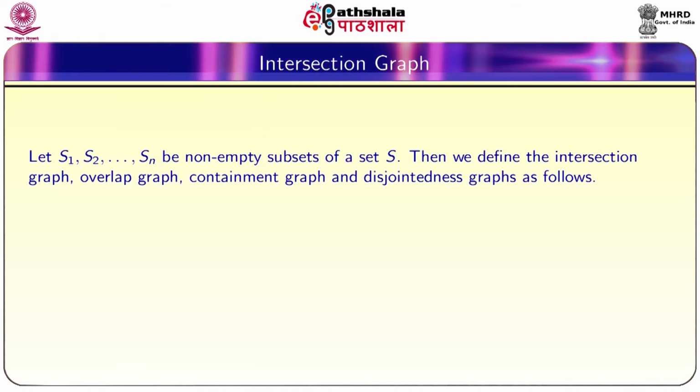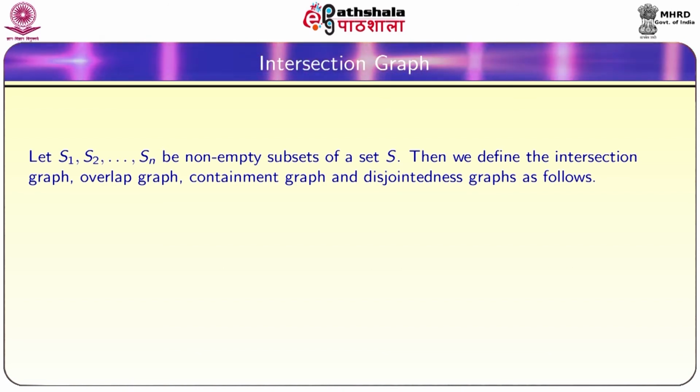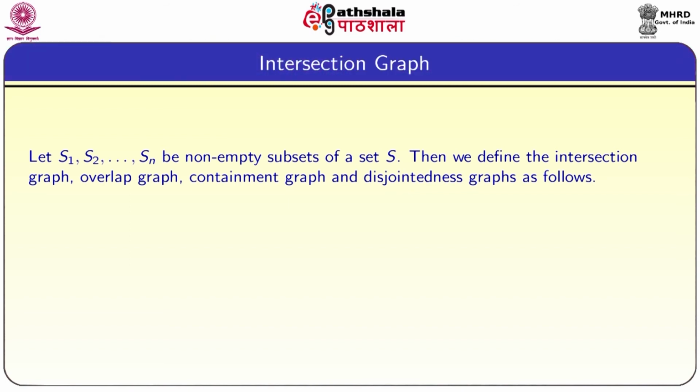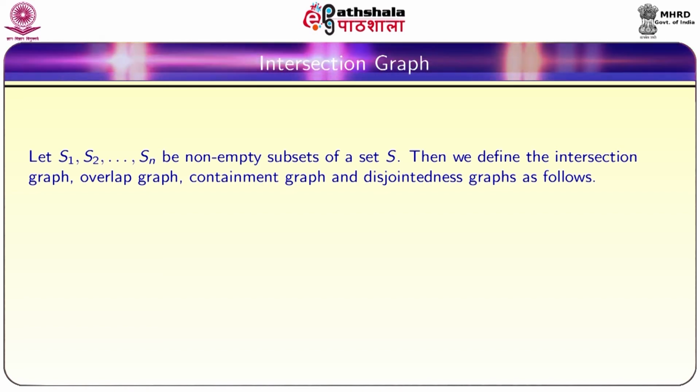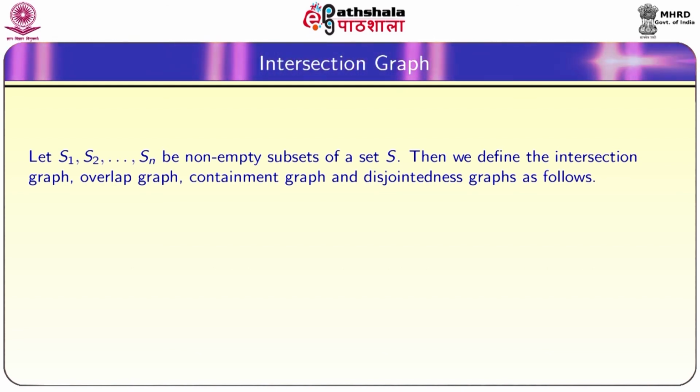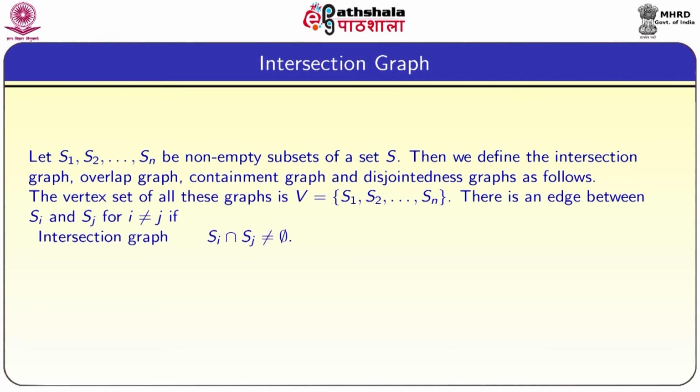Now we are going to define another graph called the intersection graph. Let S1, S2 and so on up to Sn be non-empty subsets of a set S. Then we define the intersection graph, overlap graph, containment graph and disjointness graph as follows. The vertex set of all these graphs is V equal to S1, S2 and so on up to Sn. There is an edge between Si and Sj, for i not equal to j, in the intersection graph if Si intersection Sj is non-empty.